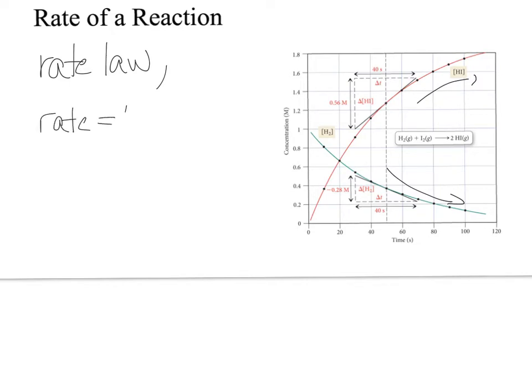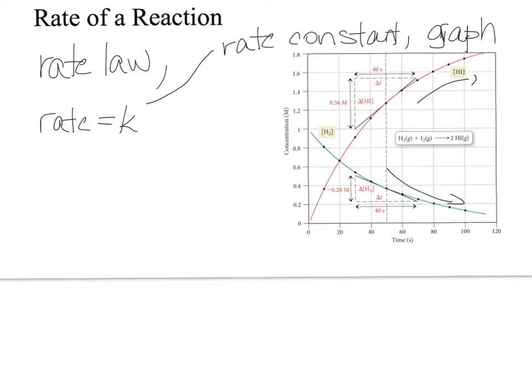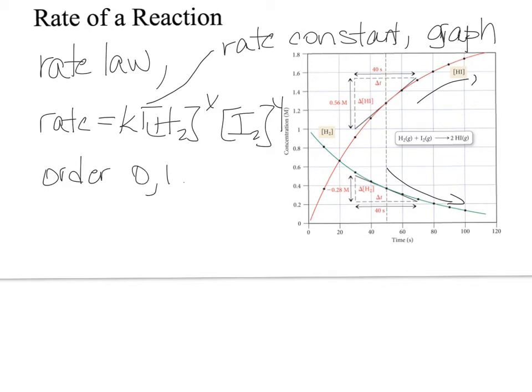And so rate is equal to K, which is the rate constant, and you get this from the graph. Okay, so that's the rate constant. And we get this when we graph the data, which I'll show you later, times the concentration of hydrogen raised to some order times the concentration of iodine to some order. An order can be typically 0, 1, or 2.